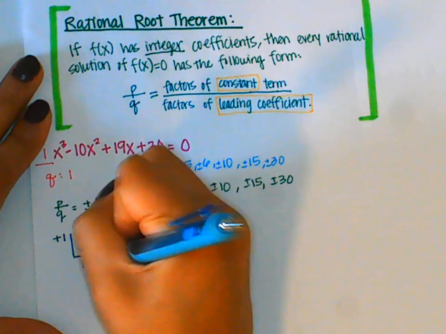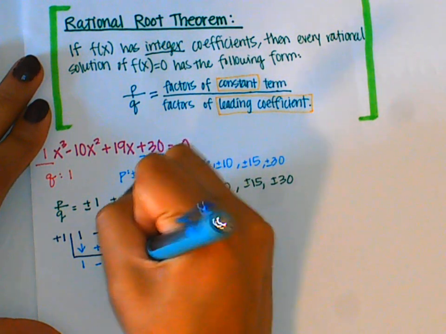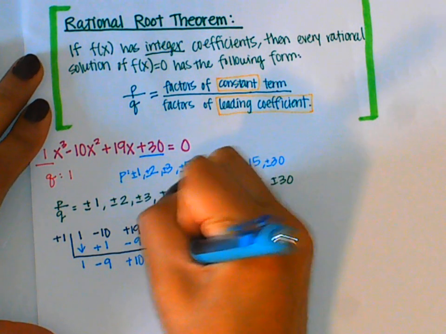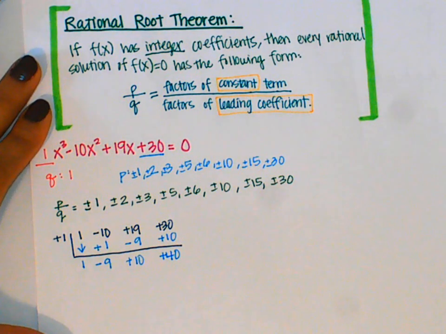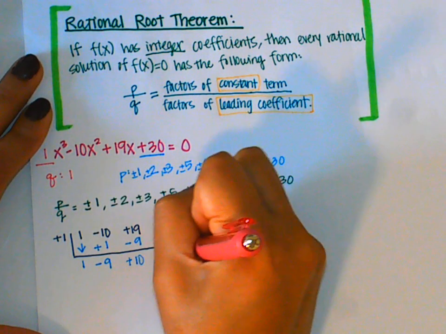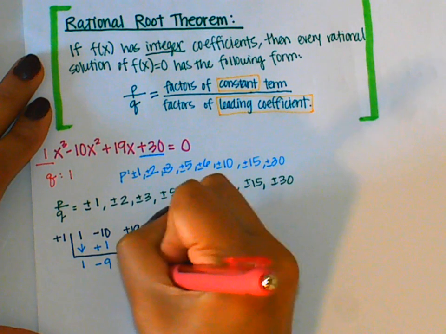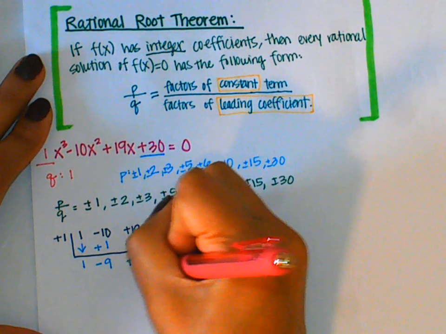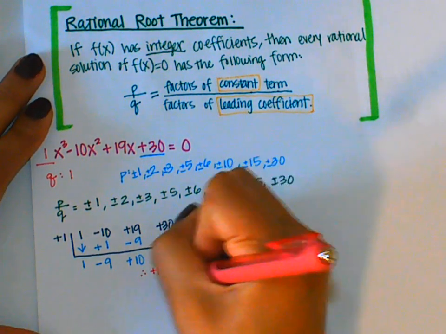Positive 1, -9, positive 10, positive 40. So here we see that this positive 40 does not equal 0. Therefore, positive 1 is not a factor.